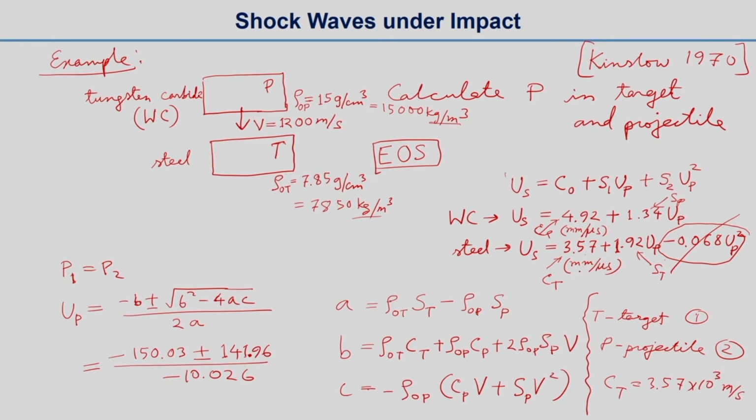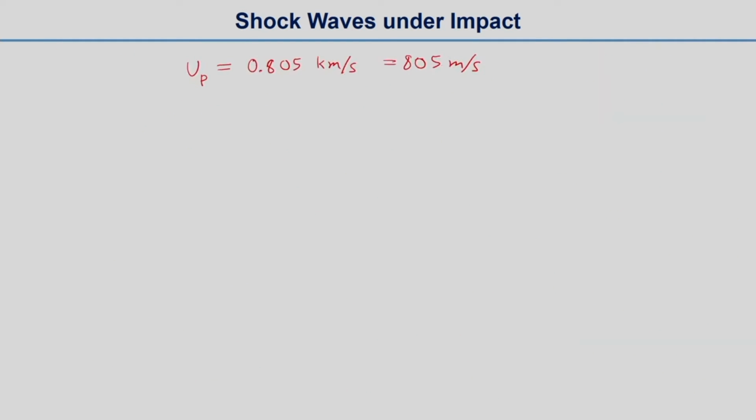If it is millimeter per microsecond and you convert everything into meter per second or kg, I think we can directly write it here. So UP, the one root is 805 meter per second, and the other one is 29020 meter per second.